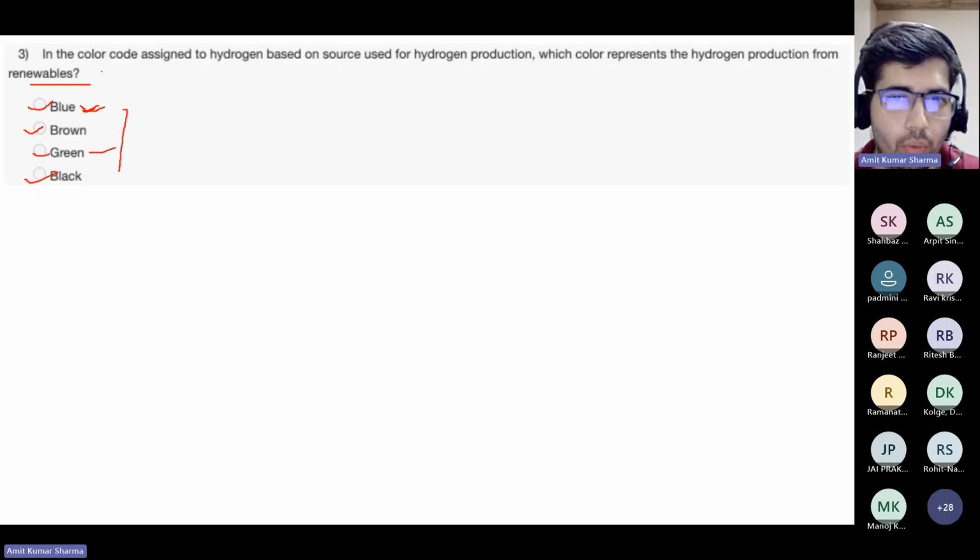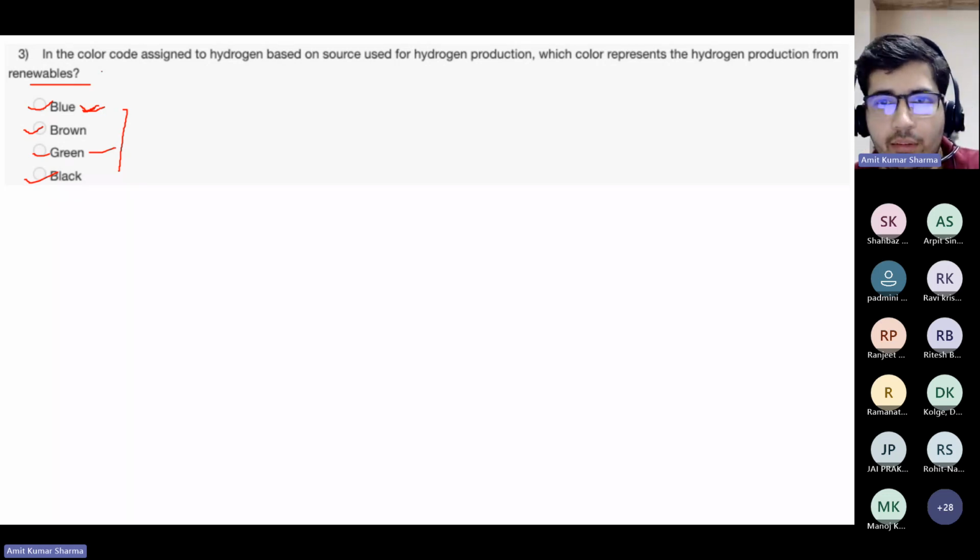So for all the processes involved in the production, you need to calculate the carbon emission per kg of hydrogen. If your value is less than 2 kg CO2 per kg of hydrogen, then only can it be considered green hydrogen. Suppose you have only an electrolyzer and you are using renewable electricity, it's fine.